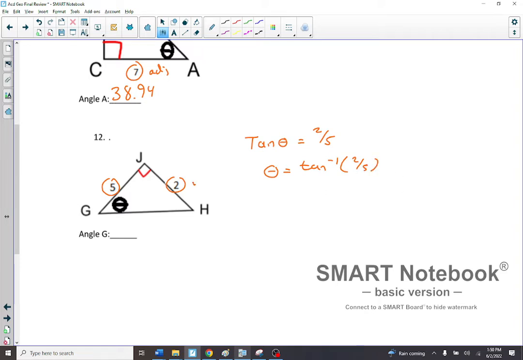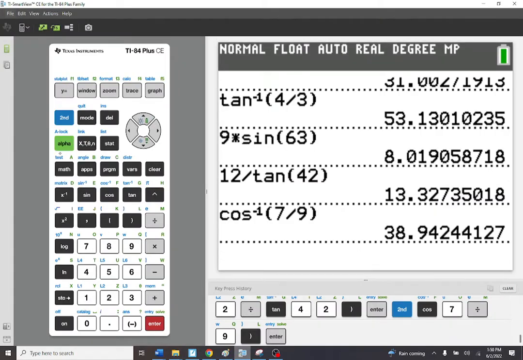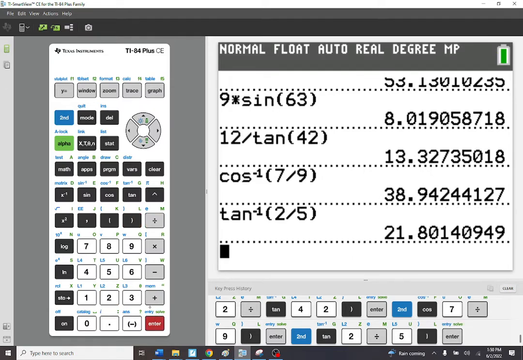Because the opposite goes on top and adjacent on bottom. For negative ones, the 2 over 5 should always equal a fraction, which is division, yeah. So tan negative 1. So second tan, 2 divided by 5. 21.8.